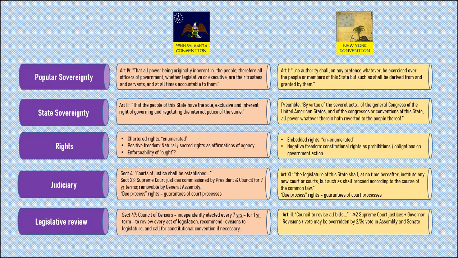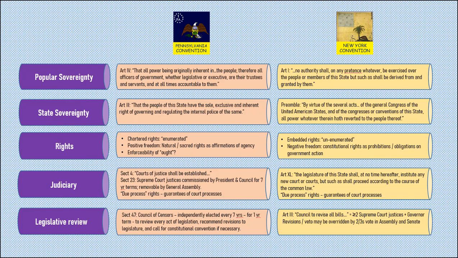So if we return to our illustration here in the middle row, looking at the theme of rights, and we're comparing the Pennsylvania and the New York Constitution, we notice that the Pennsylvania Constitution endorses this idea of chartered rights or enumerated rights. All that means is that the rights are listed and enshrined in a separate part of the Constitution, the Charter of Rights.